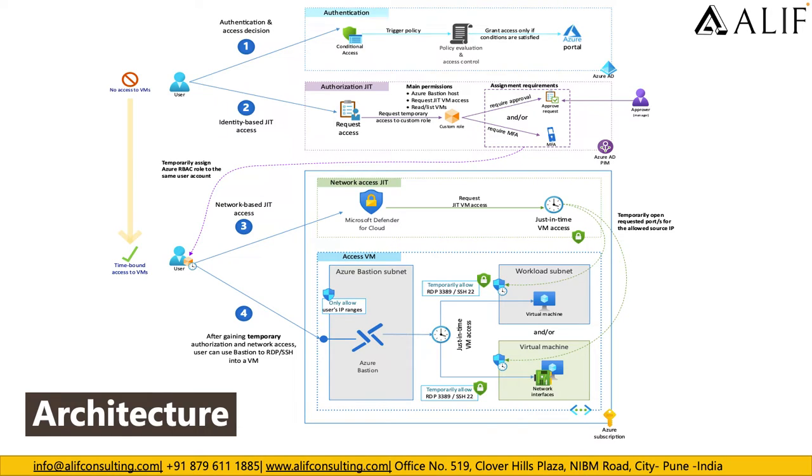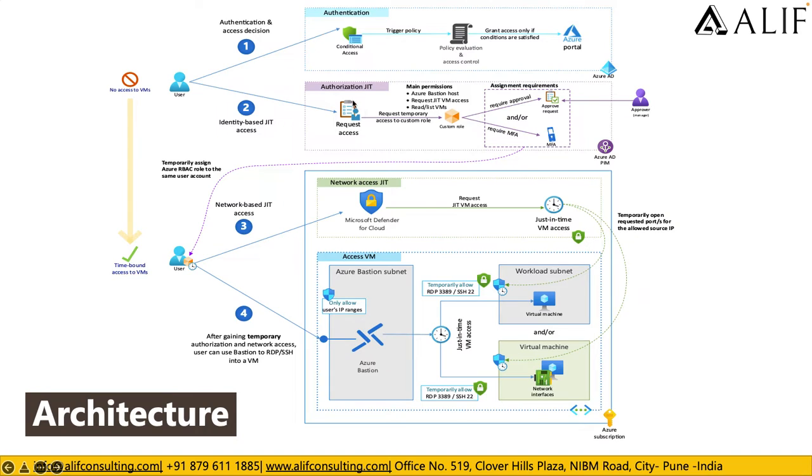Well, this is how your architecture looks. You will see you have plenty of components. So let's start from the top. At the top, first of all, you have conditional access, which is there to trigger the policies. In the conditional access policies, you can set up where or how a customer can access an Azure subscription.